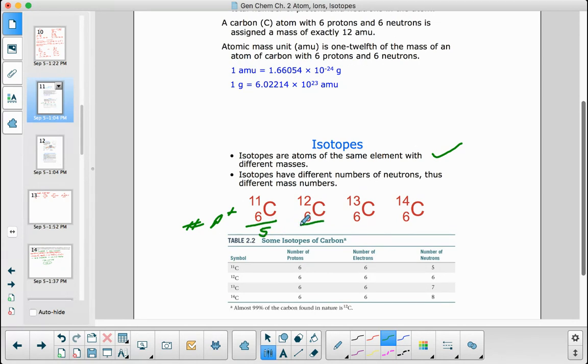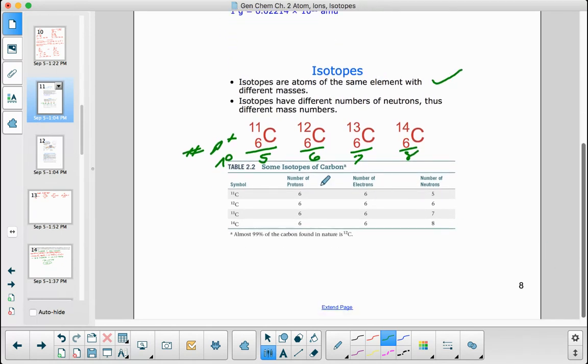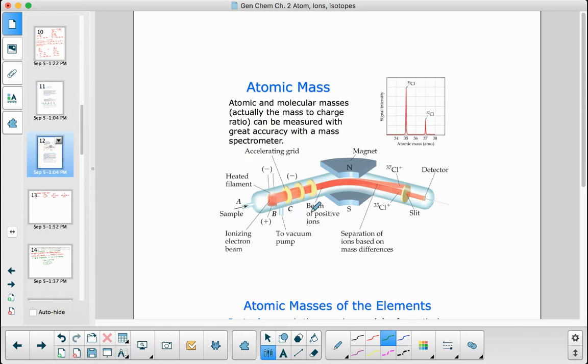If I take 12 minus 6, I'm going to get 6. On this one, I'm going to get 7, and on this one, I'm going to get 8. So each of these values represents the number of neutrons in each of these isotopes. The isotopes differ by atomic mass number due to the fact that they have a different number of neutrons.